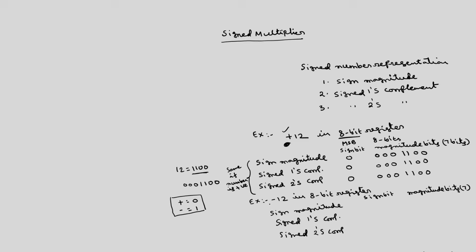Because this is a negative number, minus 12, the sign bit is 1 in all the three representations. The magnitude bits will differ.